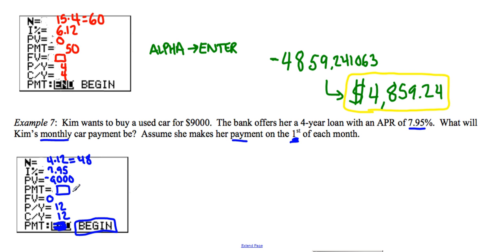So cursor down and highlight payment, press alpha enter, and it should give you 218.06 and some change. We just want it to the nearest penny, so her monthly payment should be $218.06. It's not so bad of a monthly payment.